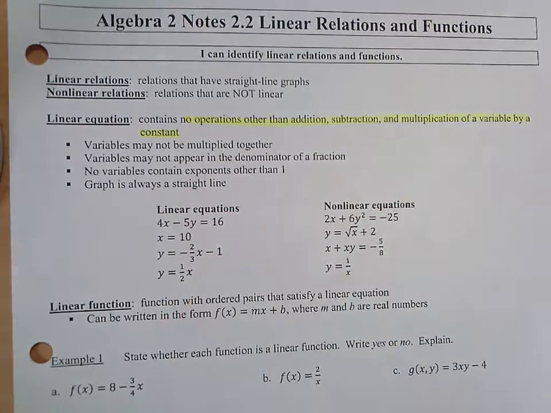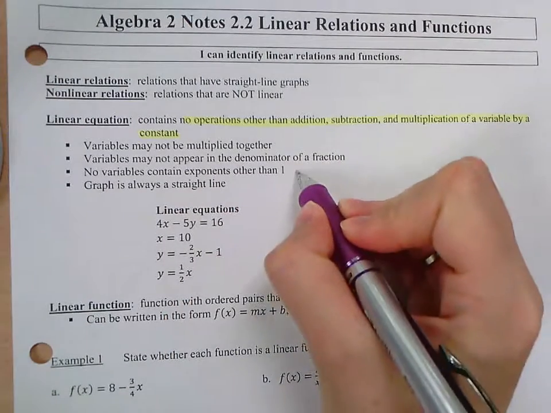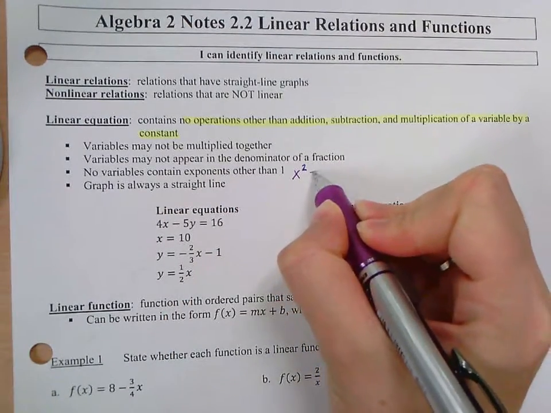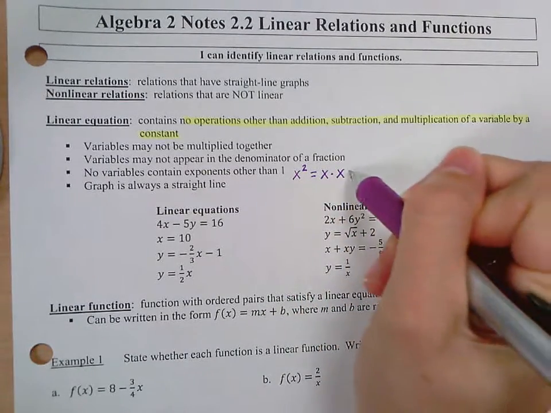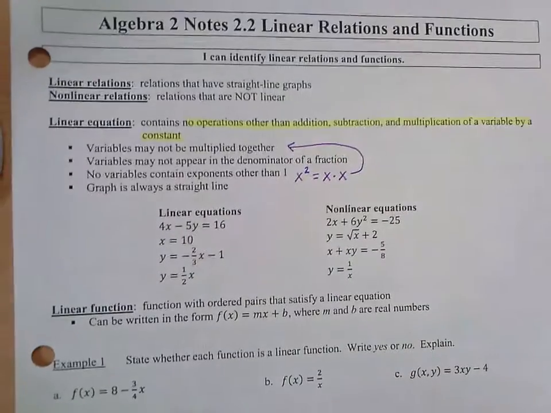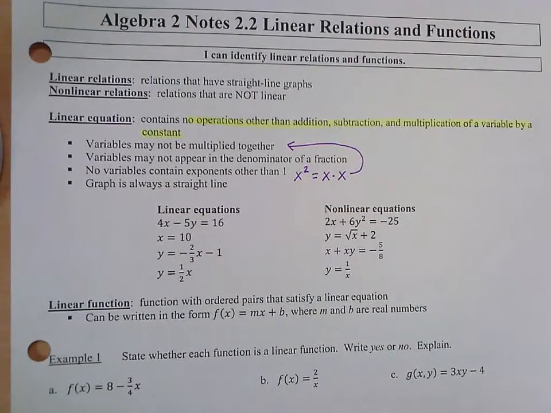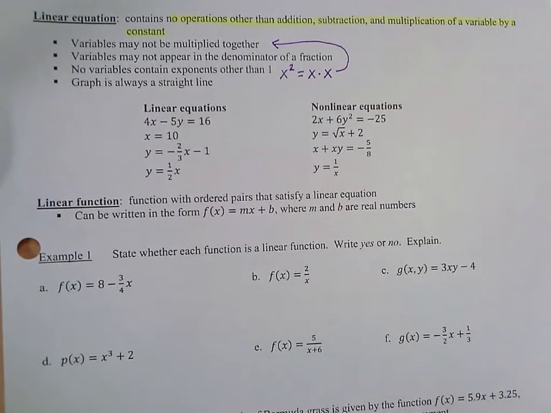because if you do have, like say you have x squared, that would mean you have an x times x, which means you have variables multiplied together. So it's for that same reason as the first bullet point, variables cannot be multiplied together. And then the graph is always a straight line for a linear equation.